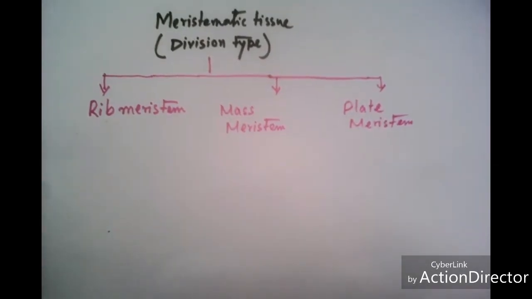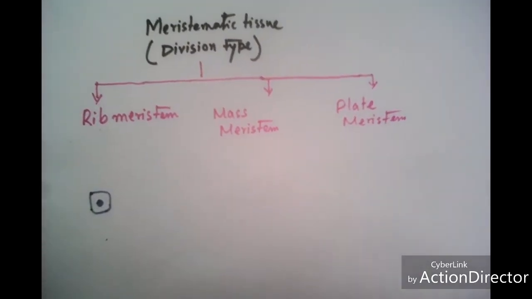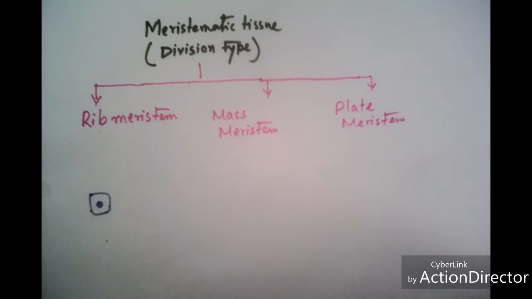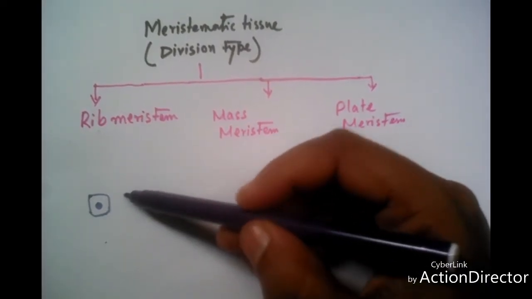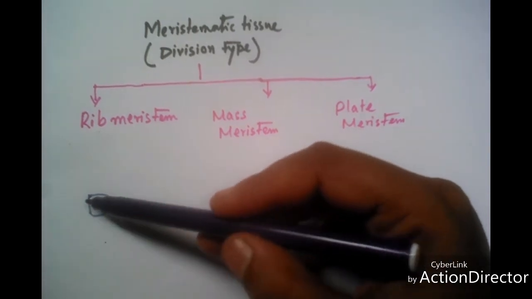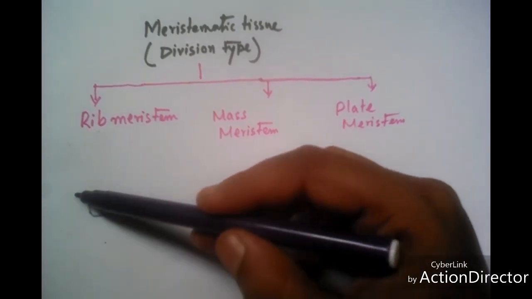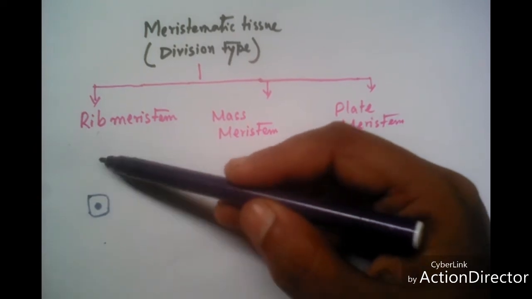In the case of rib meristem, cells divide in one plane. So cells divide either this side or this side, in one plane.